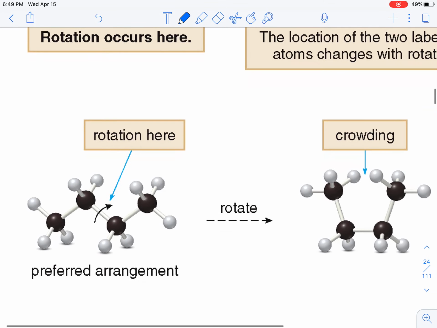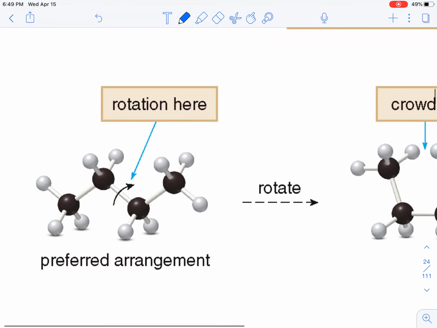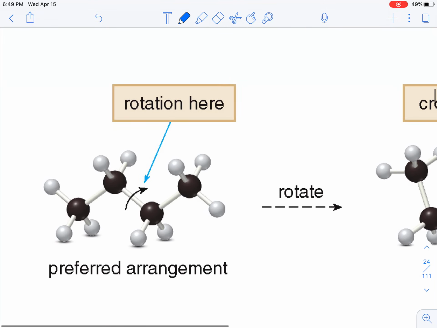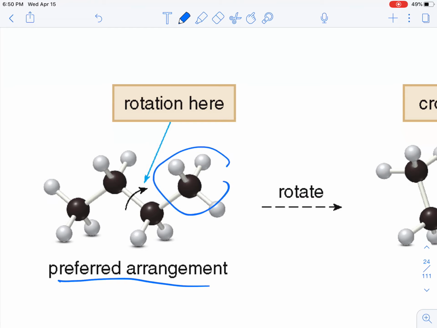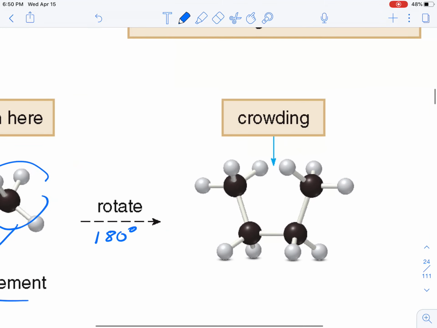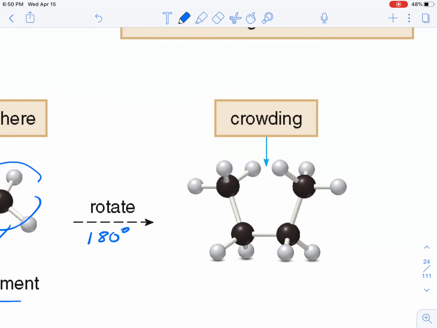If you look at butane right here, this is actually the preferred arrangement of butane. Now, if you rotate this molecule such that this end is flipped over to this side, so that's 180 degrees rotation, then you get a structure that looks like this.